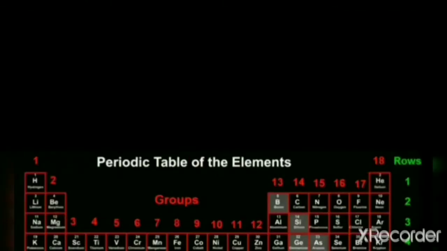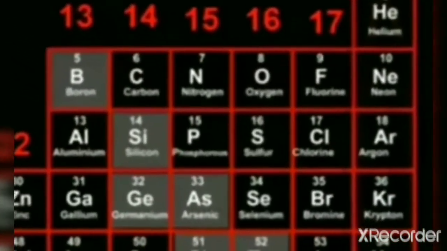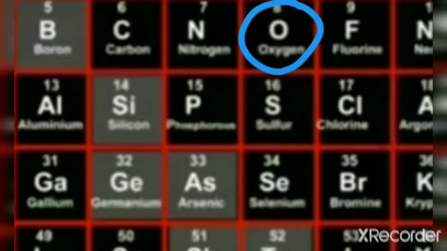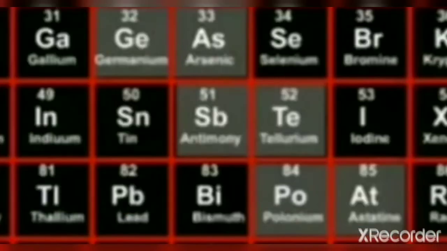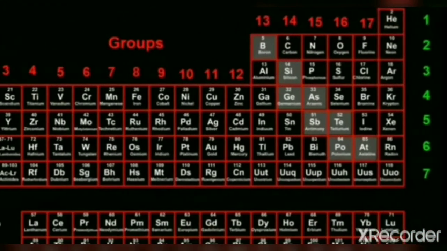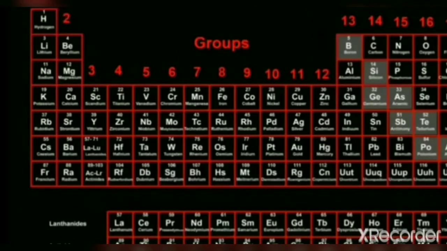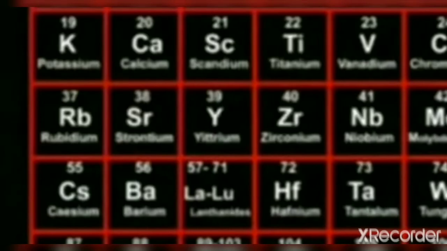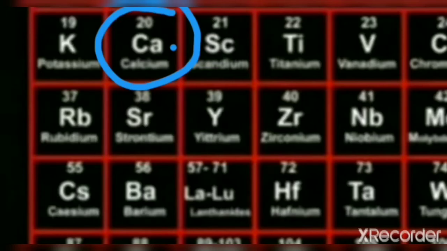If I zoom into this table, I can find the oxygen atom written on this side, and when we find it, its atomic number and its name are also written there. Similarly, if I zoom into another element like calcium, you can find its symbol written, its atomic number, that is 20, and its name.